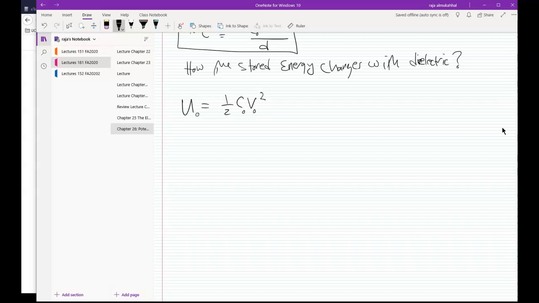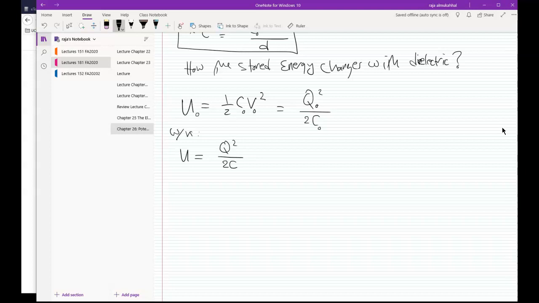I can also work it out this way, Q naught squared over 2 C naught. Now, with dielectric, with kappa, the new U will be equal to Q squared over 2C.